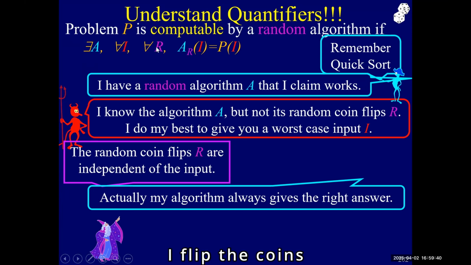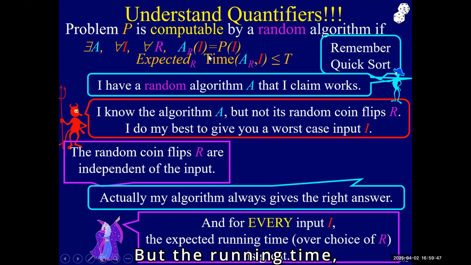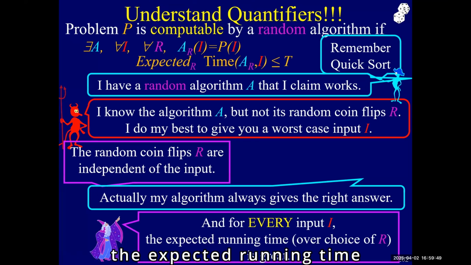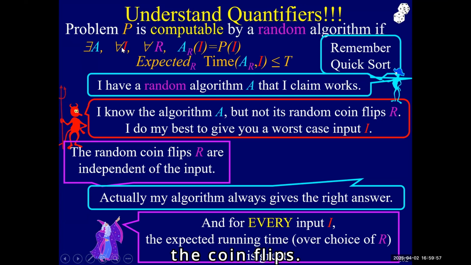I flip the coins, and I'm going to get the right answer, but the expected running time is going to be small, right? Because the adversary doesn't know the coin flips. No matter what input the adversary gives, the adversary is going to come up with something really bad.